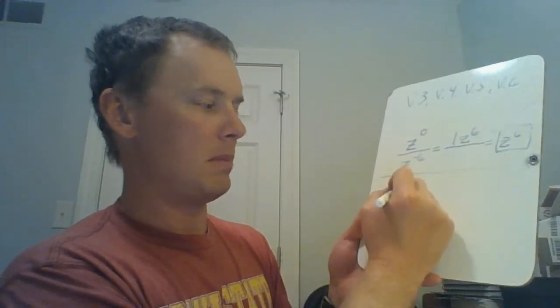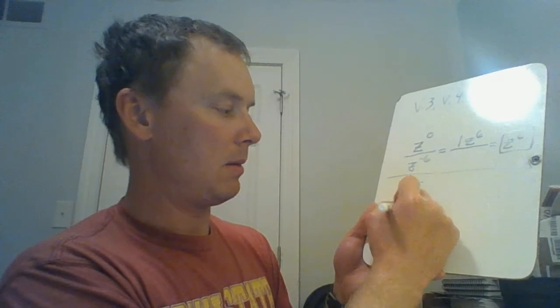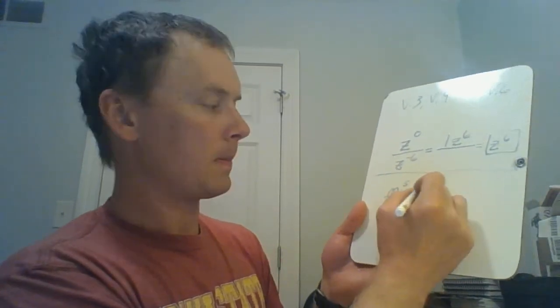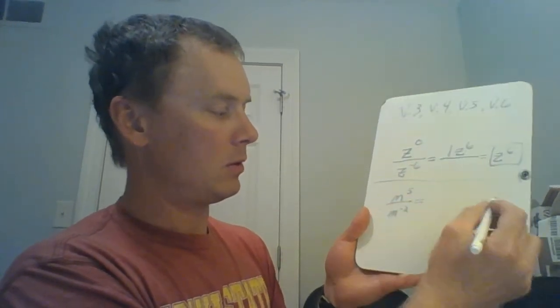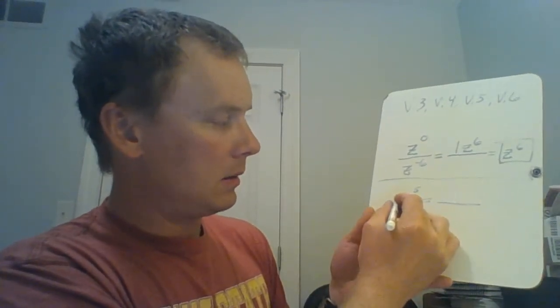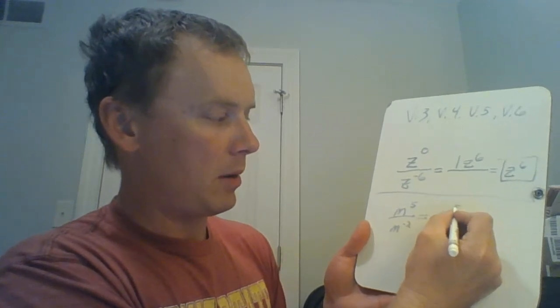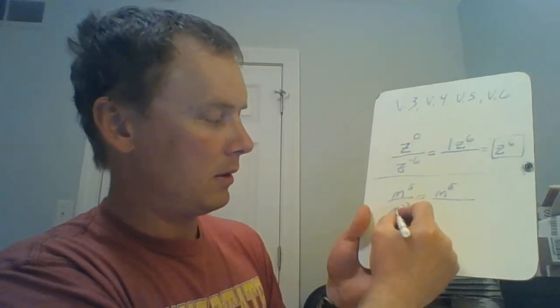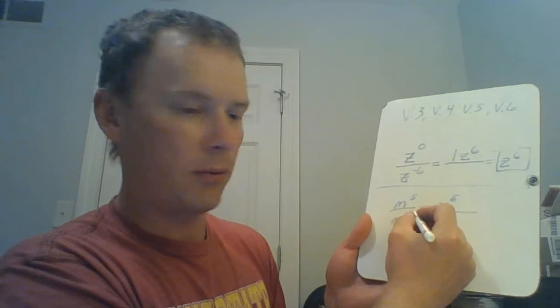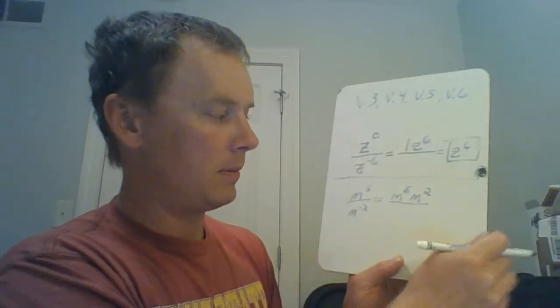Okay. Another example might be m to the 5th over m to the negative 2nd. So what are you going to do on something like this? Well, again, make my fraction bar. M to the 5th is already a positive exponent, so I'm going to leave it right where it's at. This one down here, I'm going to move from the denominator to the numerator to make the exponent positive.